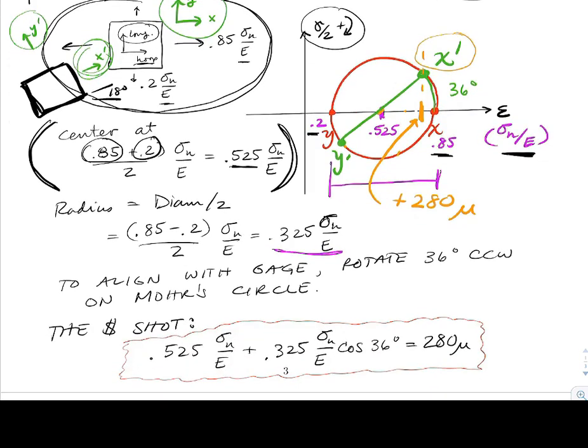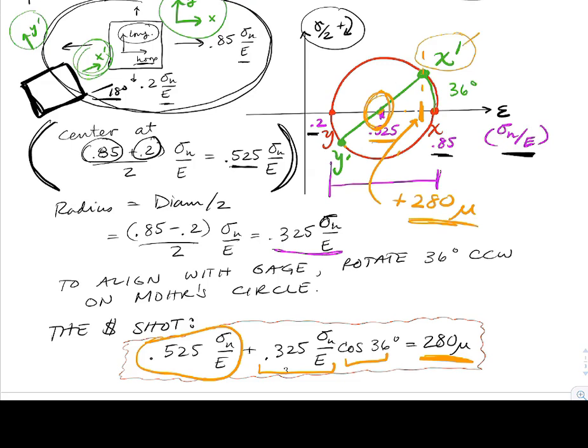And now here's the money shot: how do we get an equation that uses 280? It's just sitting right here on the page for us. We just have to be observant. To get to 280, we need to go to the center of the circle, which is 0.525 sigma h over E, and add to it the radius of the circle times cosine 36 degrees.